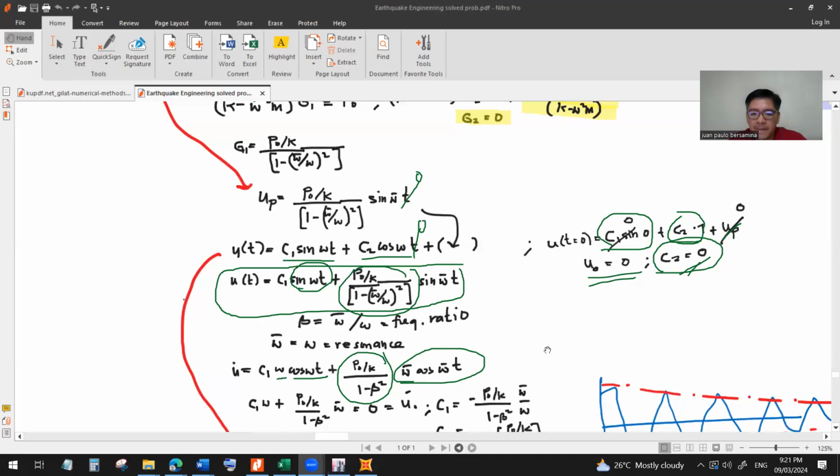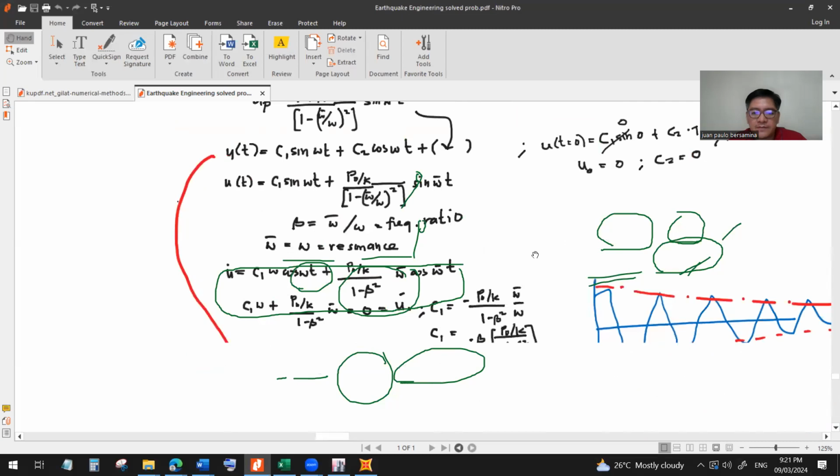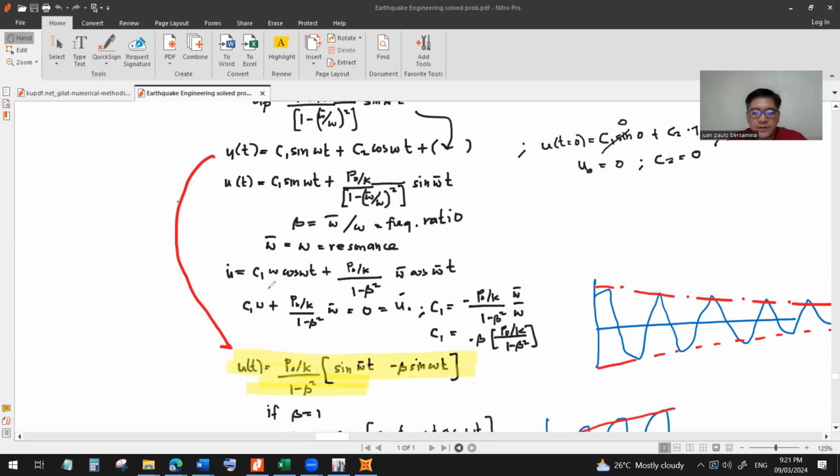So, substituting again, u dot or initial velocity is 0 kasi nga the harmonic force will cause the deformation in the motion. So the initial velocity is 0 here. So C1 omega because cosine 0 is 1 here, no?